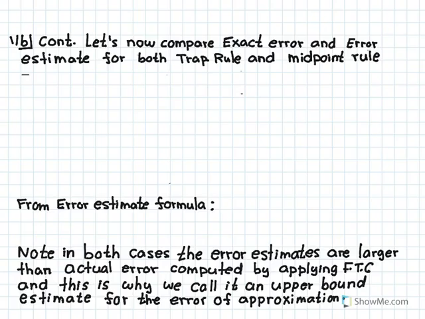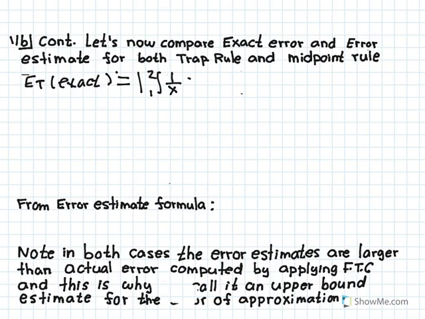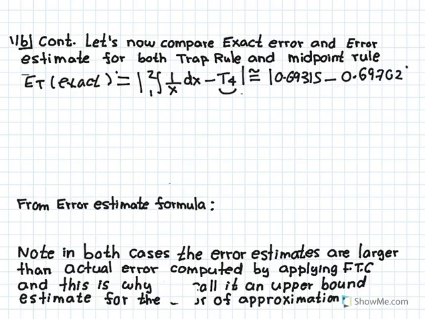All right, so now let's compare the exact error and the error estimate for both the trapezoidal rule and the midpoint rule. Error trapezoidal, exact. This is going to be equal to the absolute value of the integral from 1 to 2, 1 over x dx, minus T4. And this is going to be 0.69315, which we found by applying the fundamental theorem of calculus, minus the trapezoidal rule approximation, which we found earlier to be 0.69702.